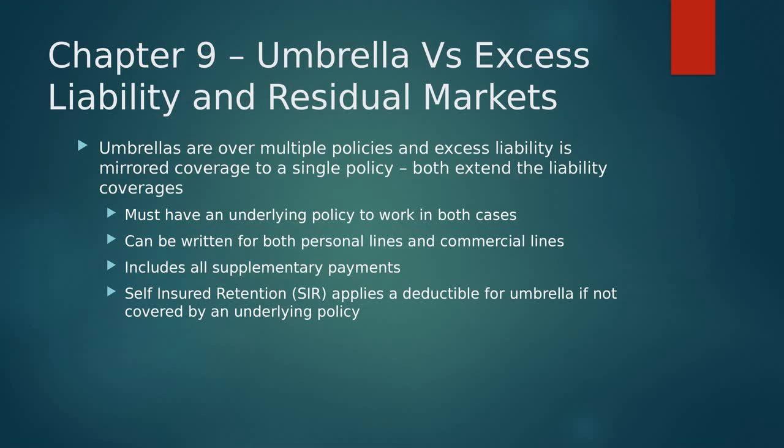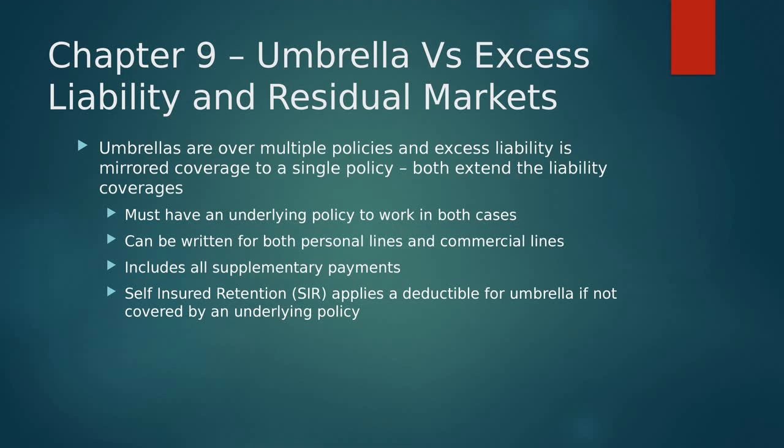In this case, there would be a special retention called a self-insured retention, which is like a deductible, which is normally not applied under a liability policy, but in this case would have to be, because otherwise there would be no barrier to making a claim. So in these cases, you would have to have a self-insured retention or a SIR.